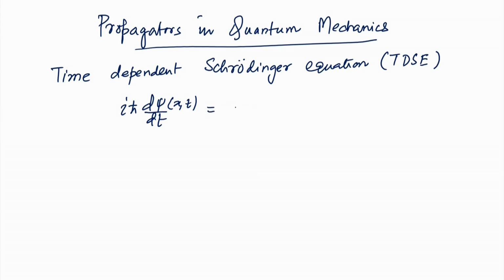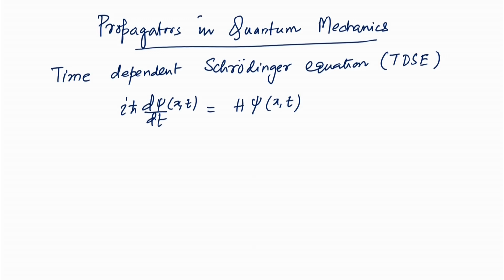This is equal to H psi(x, t). In principle, I should have written it with a partial derivative for the d psi dt. However, I ignored that and wrote it as a full derivative. Strictly speaking, it should have been a partial derivative, which is written as del psi del t. It will not affect too much our discussion that is going to follow.